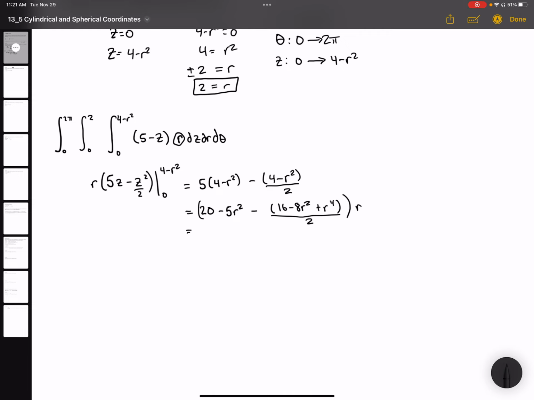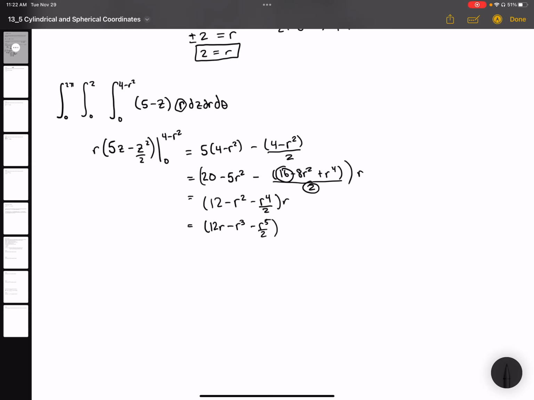That gives us 20 minus 16 divided by 2, so that's 20 minus 8, which is 12, then negative 5r squared plus 4r squared, and then minus r to the fourth over 2, all multiplied by r. If we further simplify that, that's going to give us 12r minus r cubed minus r to the fifth over 2. And that's what we want to use for our inner integral.